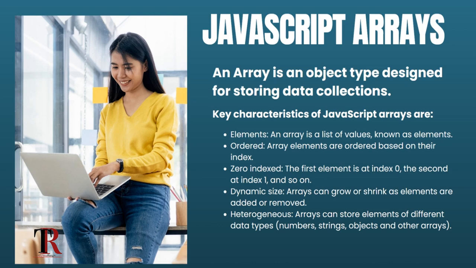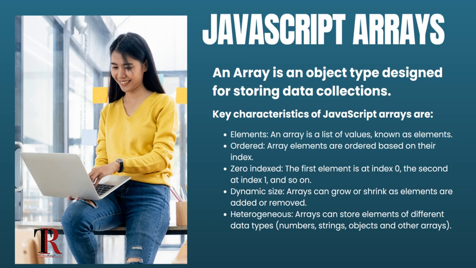Array elements are ordered based on their index, which means that when you are working with an array, index is very important. Index refers to the position of the element in the list, as you will see further as we dig deeper into what an array is. By the time you start working with examples, you are going to understand what index means and why it is so important when working with array elements.